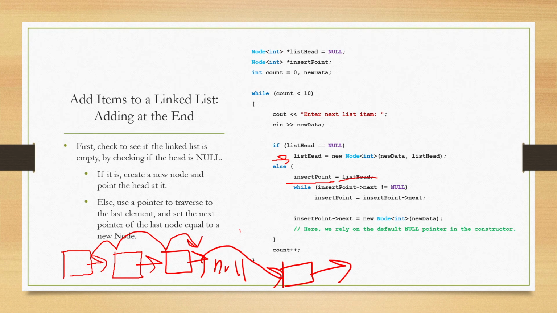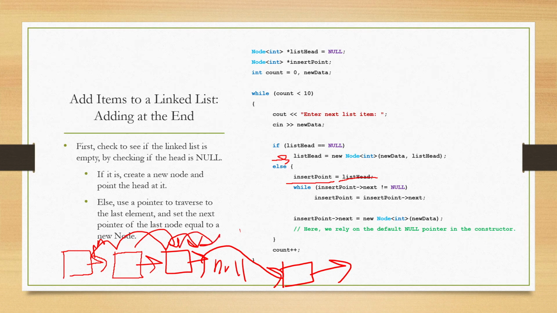Basically what this one's checking is, I'm not checking this node because this one's the first node. I'm checking the second one, checking if it's a null pointer, and then I'm continuing on until I hit the null pointer in the while loop.